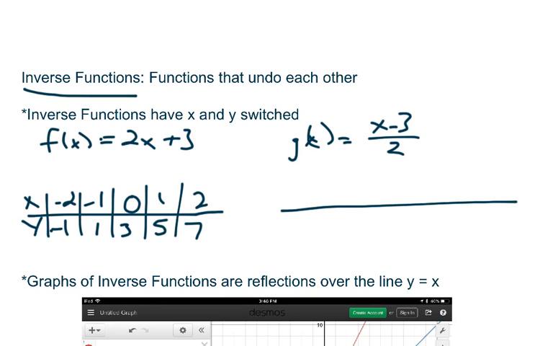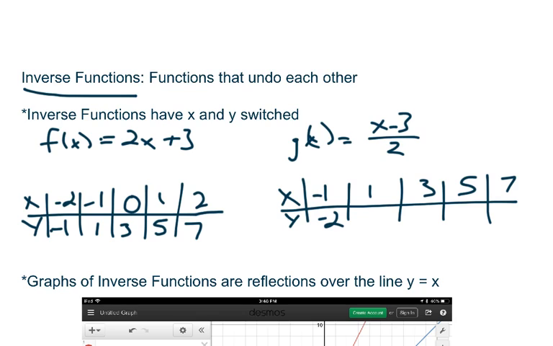Now, if you did an xy table for the other one, what you would find is that the ordered pairs, -1, 1, 3, 5, 7, these are actually switched, with -2, -1, 0, 1, and 2.